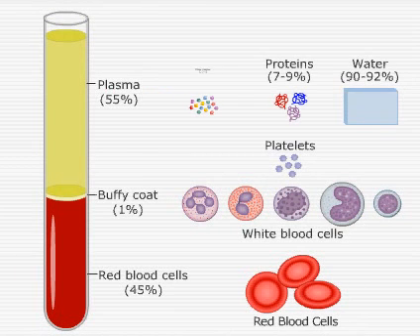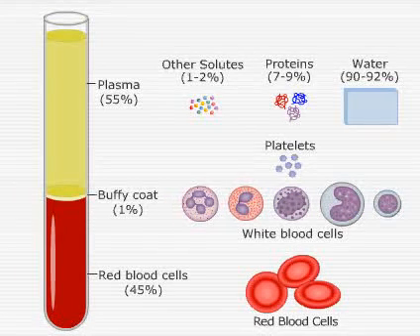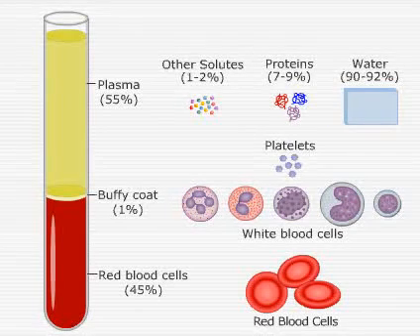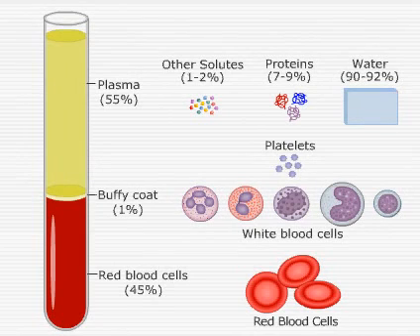The whole upper portion is made up of plasma, which constitutes about 55%. In that, the water concentration is much higher, 90 to 95%. In exact value, we can say 91.5% of plasma is water and 8.5% is dissolved solutes.